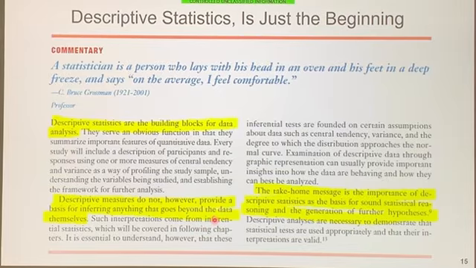Dr. Grossman was a professor of statistics for a long time, and he stated that a statistician is a person who lays his head in an oven and his feet deep in the freezer and says, on average, I feel comfortable. So basically, he was saying that we use descriptive statistics to give us a data summary.